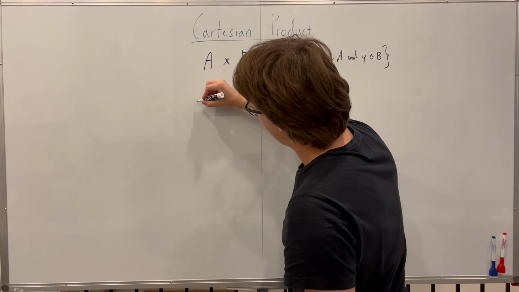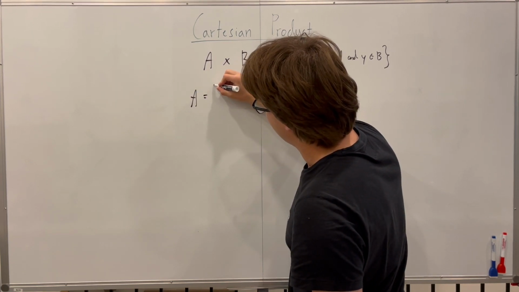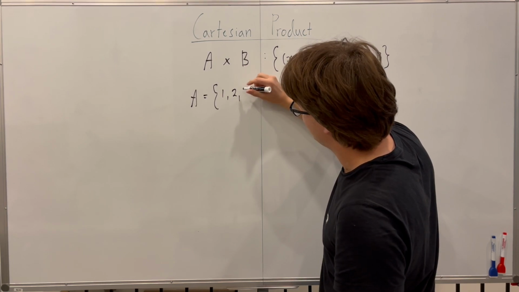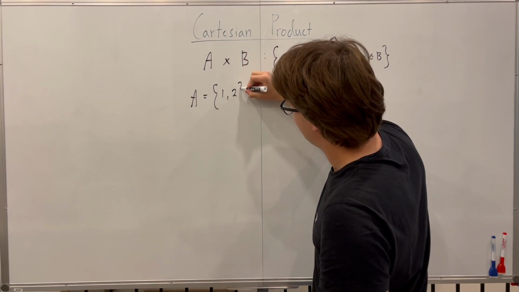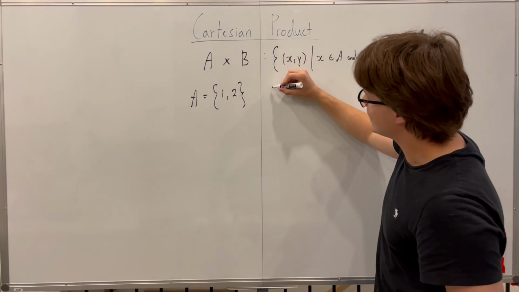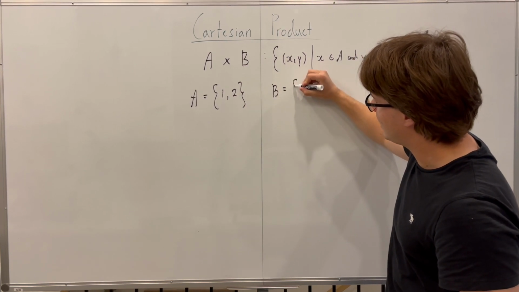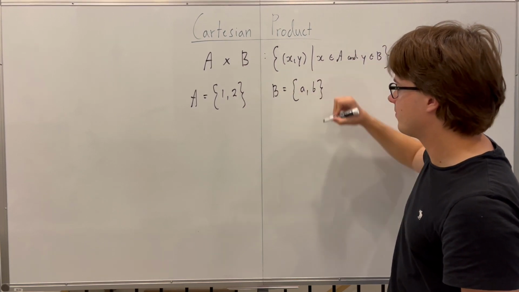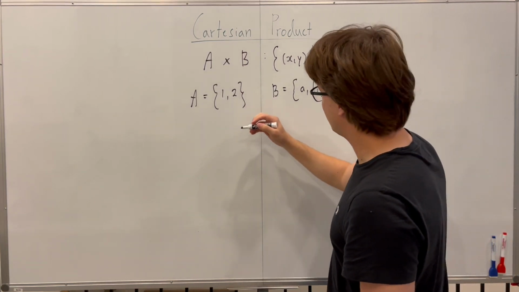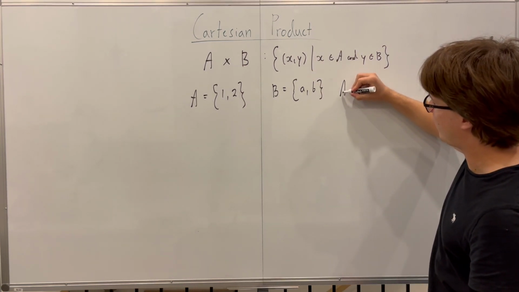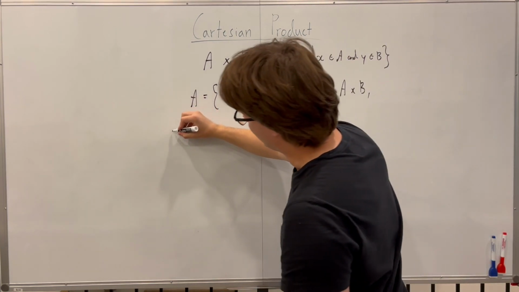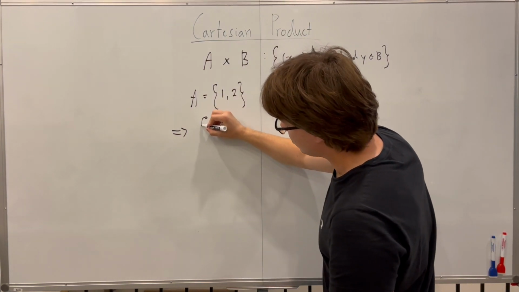Let A be the set containing the elements 1 and 2, and let's have B contain the elements a and b. So then when we take the Cartesian product of A cross B, what that ends up being is a huge set.